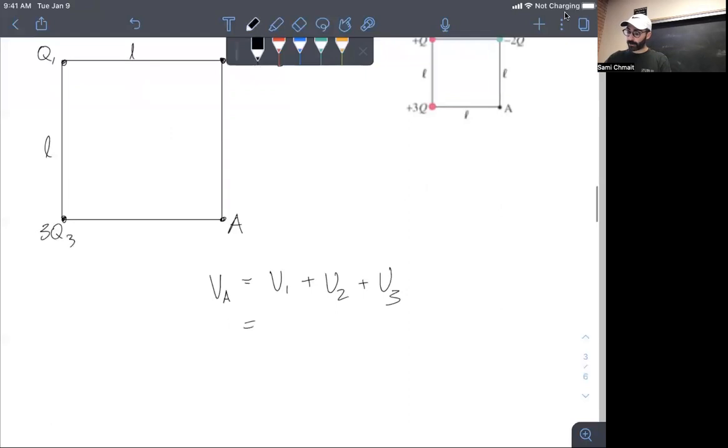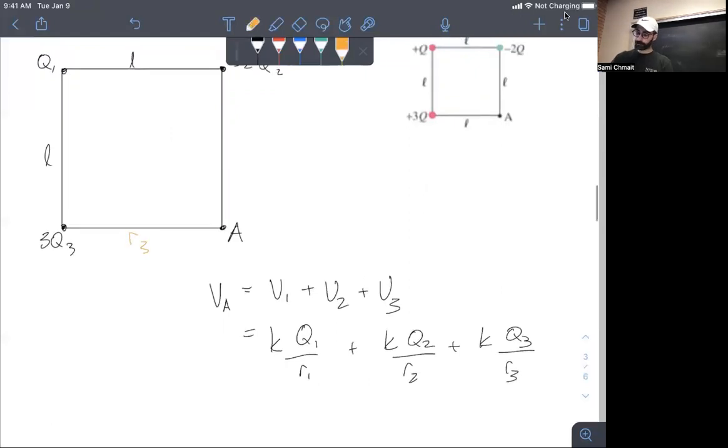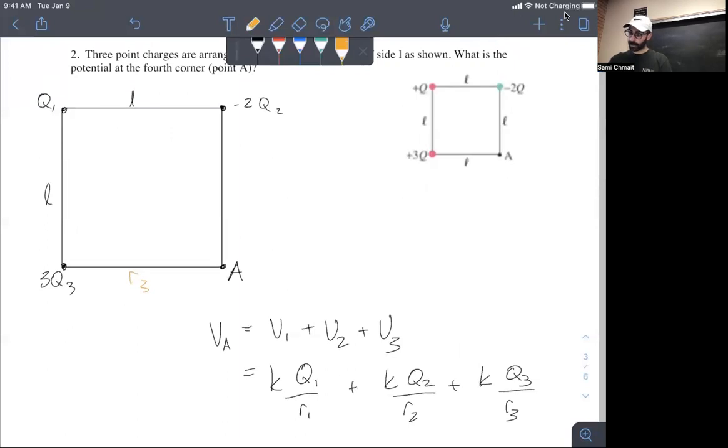I can now expand with the equation, K Q1 over R1, plus K Q2 over R2, plus K Q3 over R3. We can define this as R3, this as R2, and between this guy, it's root 2. You can just find that through Pythagoras, or if you have a good eye, you could pull that out right away.